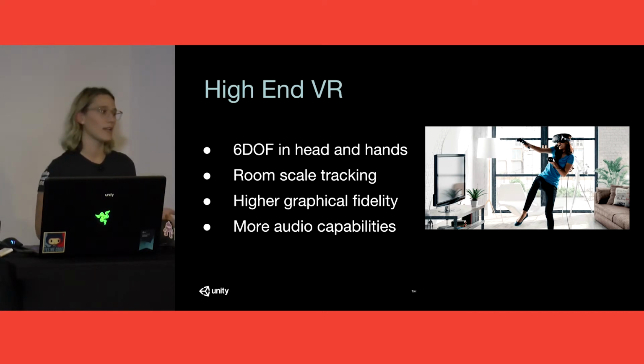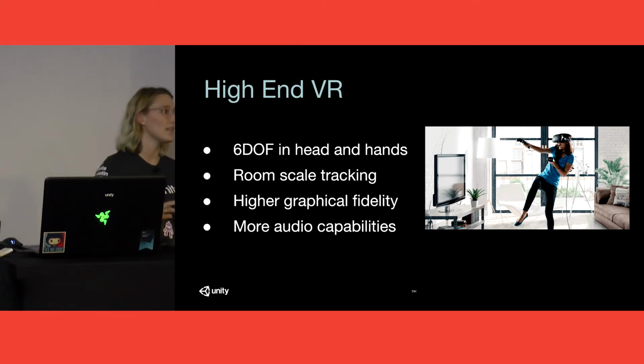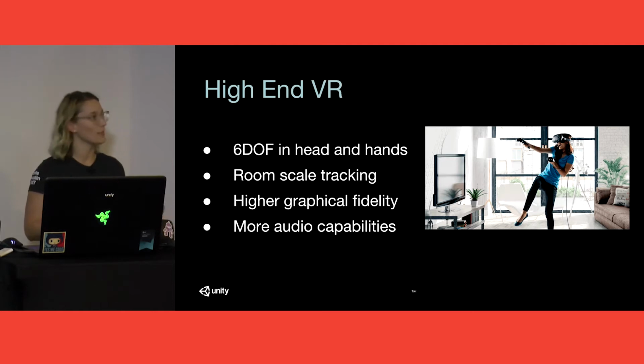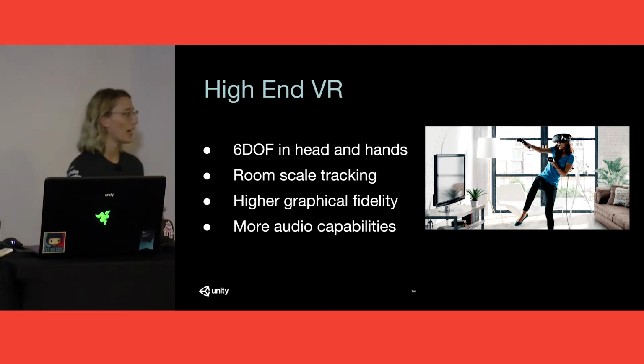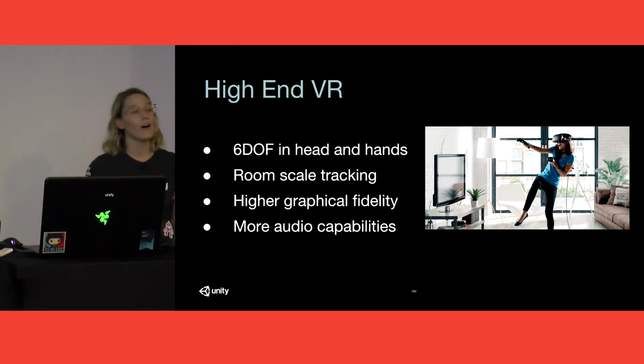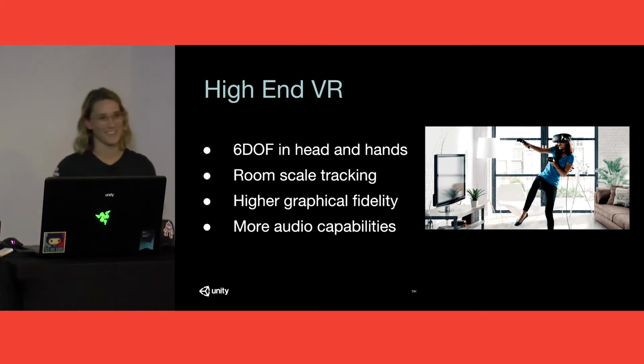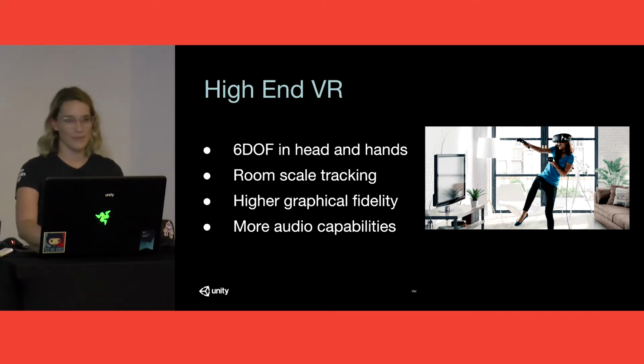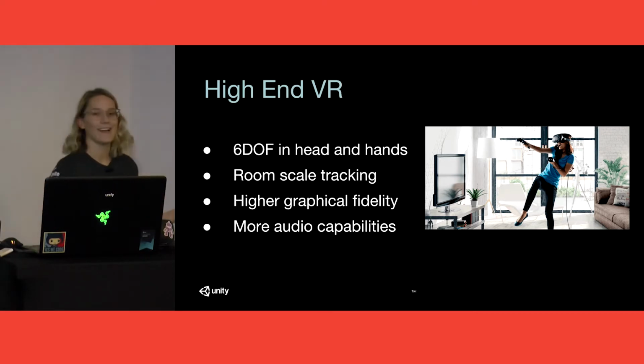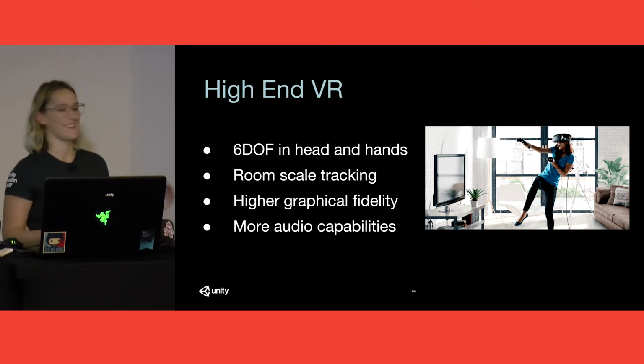And because you're running this on either a PC or a high-end console like a PlayStation, you're able to get much higher graphical fidelity. Of course, you also have to run at a higher frame rate, which comes with its own challenges, but we'll get into that. And you're going to get more audio capabilities. So I'm not saying that high-end VR is better, but it might be a little better.